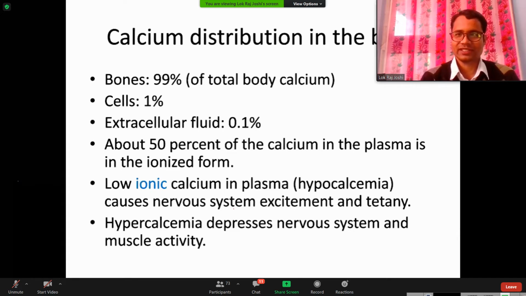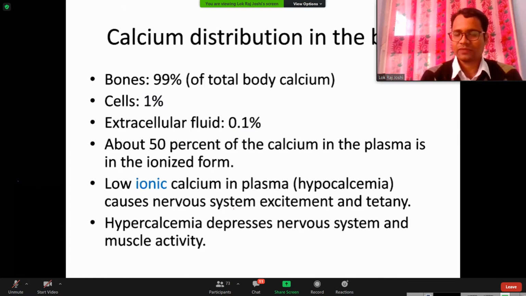Cells, inside the cells, 1%. Extracellular fluid, 0.1%. And this is the percentage of total body calcium, not in terms of concentration. Remember it. You know, intracellular fluid has lower calcium levels as compared to extracellular fluid. But as the intracellular fluid volume is large, and more importantly, the calcium stores are not in the cytoplasm or cytosol.